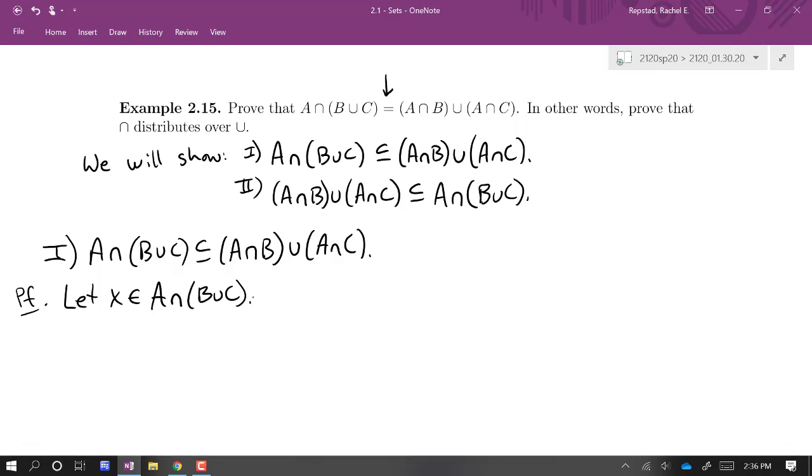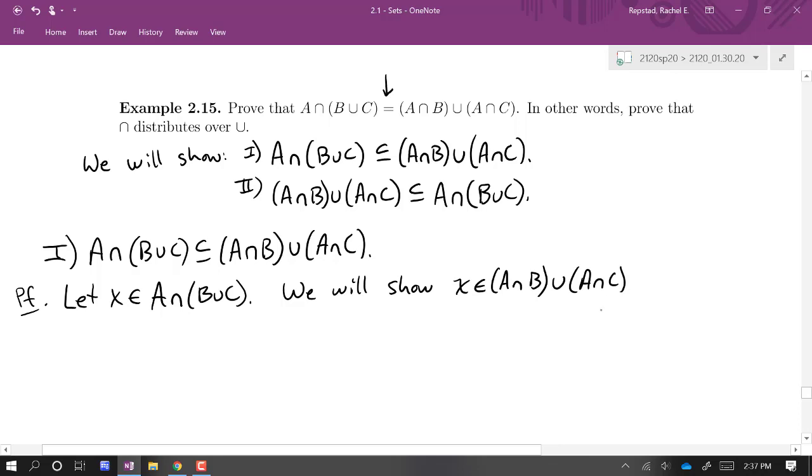So I've grabbed an element there, and I'm just going to say that we will show, this is our goal for this part, that X is an element of A intersect B union A intersect C. That could even be parenthetical, but that's our goal, right? So as soon as I get to say that X is there, then I'm done with this part of the proof.